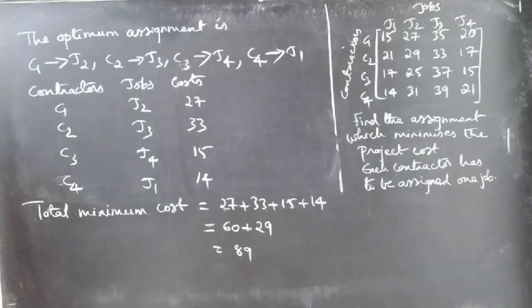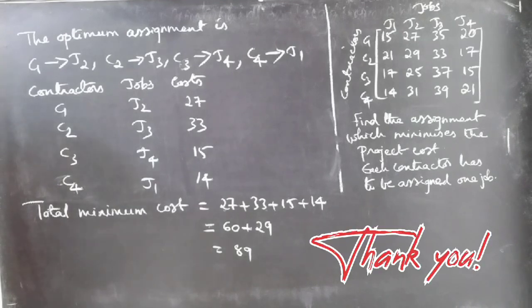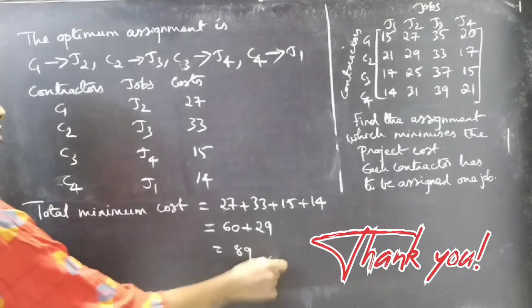If it is in thousands of rupees, you'll get 89,000 rupees. The total minimum cost will be 89,000 rupees if we are given the cost matrix in thousands of rupees. Okay, so this completes the problem.